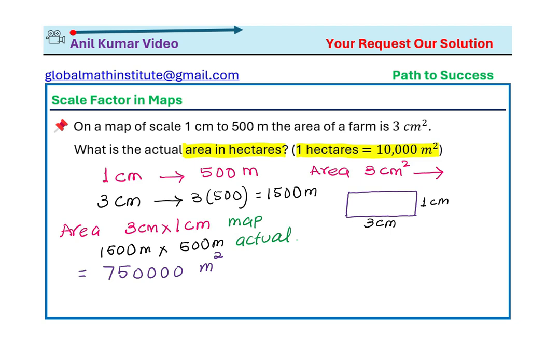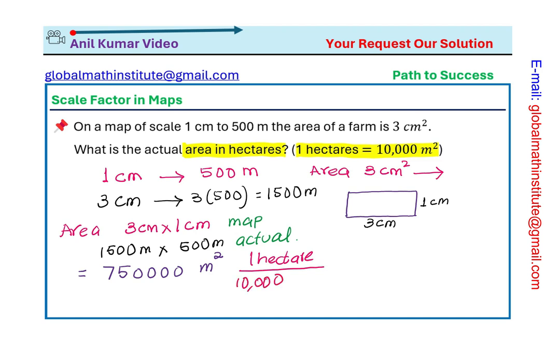We know that 1 hectare is equal to 10,000 meters square. So that becomes the conversion, you see. And now what you get is that meter square cancels with meter square, and these four zeros cancel with the four zeros you have.